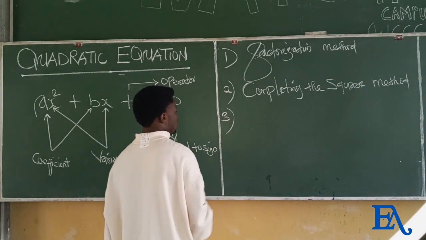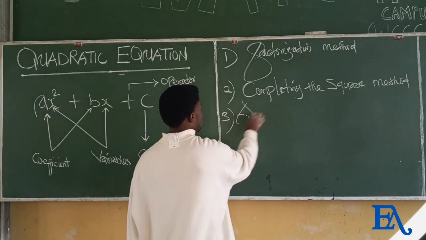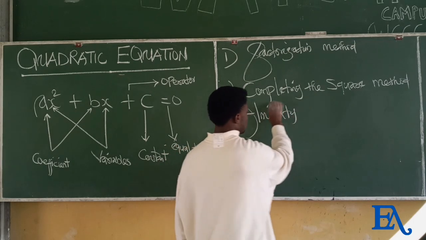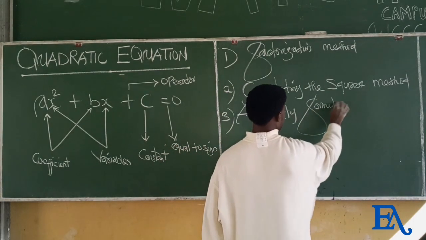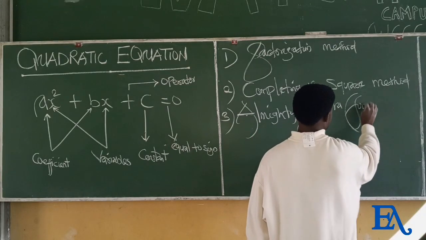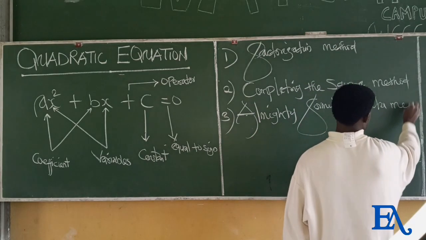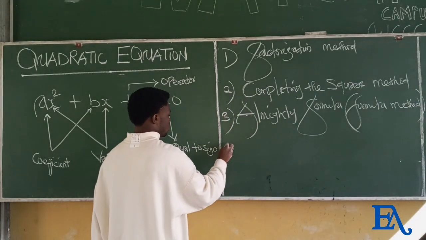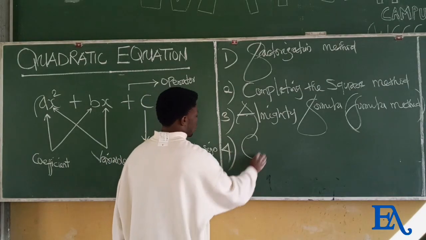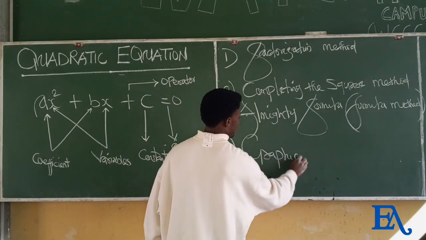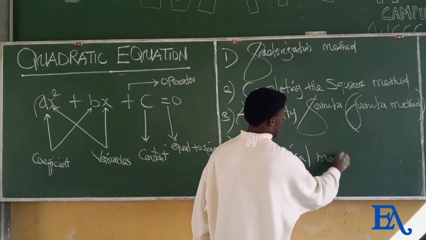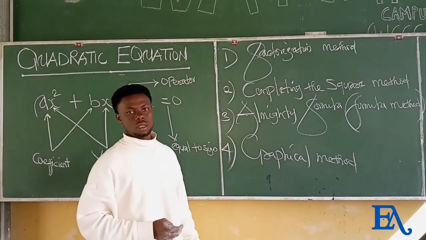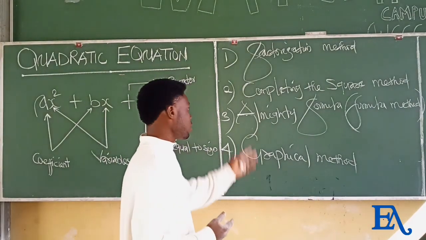And the third is called the almighty formula, or formula method. The fourth is the graphical method. So here are the 4 basic methods used in solving a quadratic equation. So let's consider the first, the factorization method.